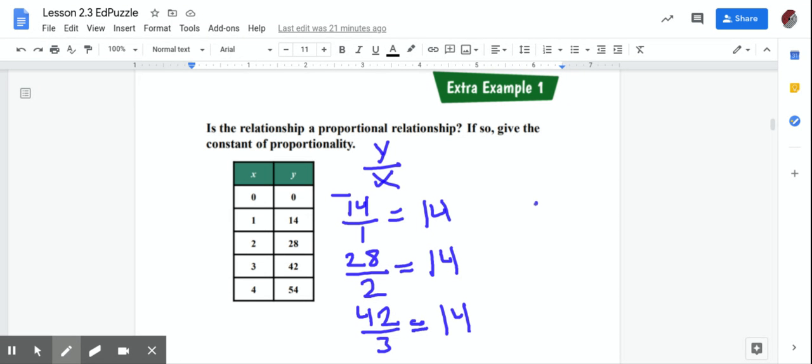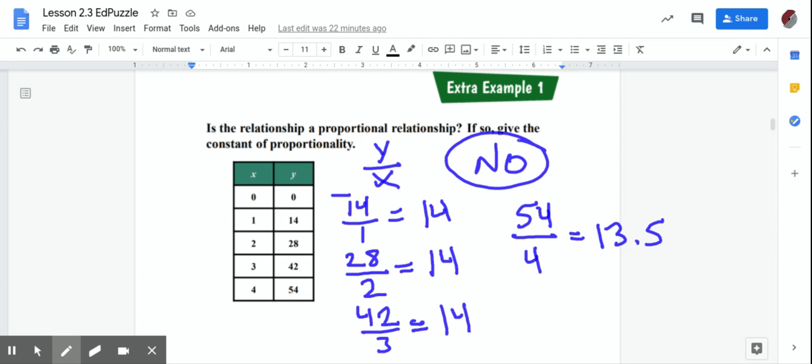My last one is 54 over 4, and 54 divided by 4 is 13.5. So we can see right away that it's not the same value each time. So we don't have the same ratio going on here. So this would be no, it is not a constant of proportionality.